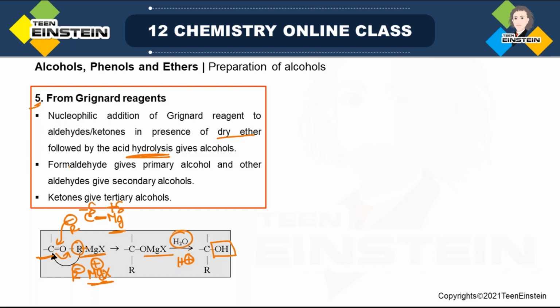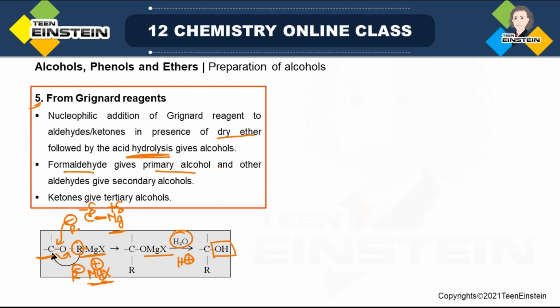Now, if you have taken formaldehyde as the starting material, you will be getting a primary alcohol. But if, rather than formaldehyde, you have taken some other type of aldehyde, because formaldehyde is the first member of aldehydes, the simplest aldehyde possible, only this one will give you a primary alcohol.